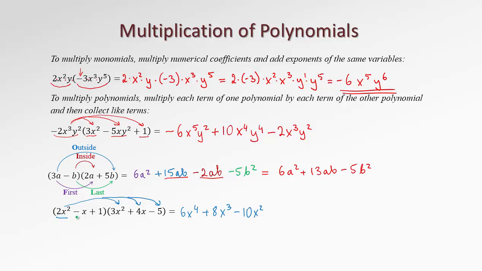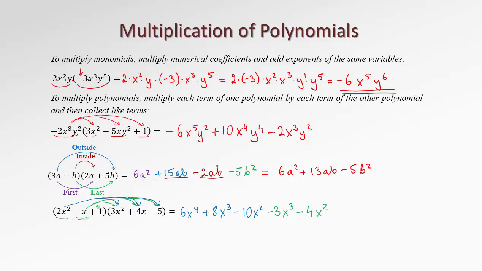Now we can go ahead and multiply by negative x, everything by negative x. So this times this, and this times that. Okay, negative x times 3x squared. Sign is negative, numerical value 3, and x times x squared is x cubed. Then multiply by the second term, sign negative, number 4, letter x squared.